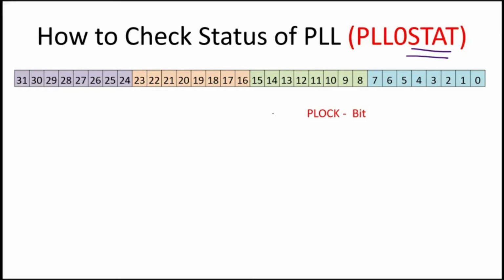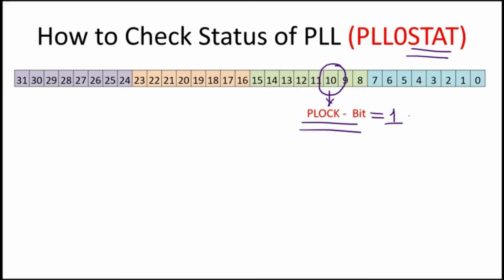Now in this case, even though the PLL status register is a 32-bit register, only one particular bit is of important use for me, which is bit number 10. This bit number 10 is called the PLL lock bit. The PLL lock bit will become equal to 1 the moment the PLL has achieved the desired frequency.